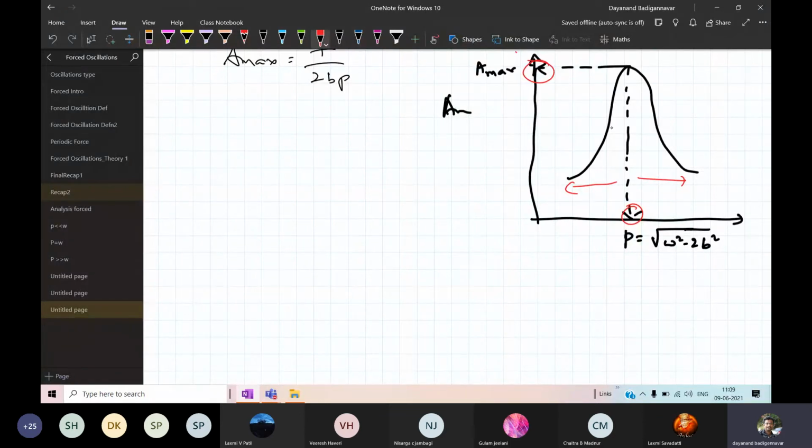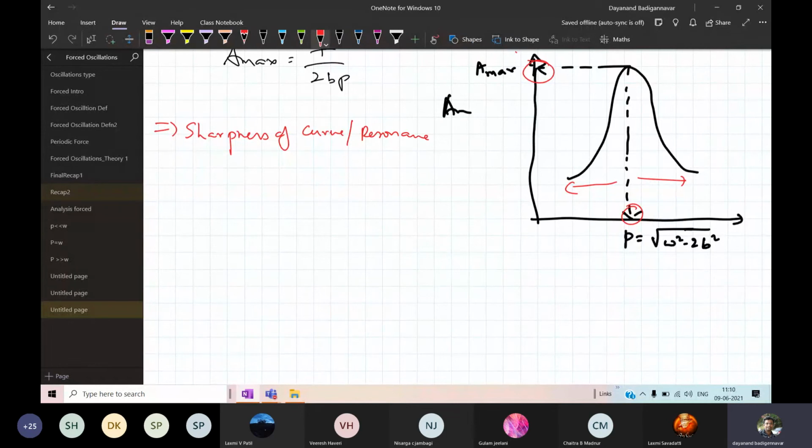If it is decreasing very slowly, then we say the resonance is flatter. If it is decreasing very fast, that is nothing but a sharp resonance. So I can define the sharpness of the curve of resonance.